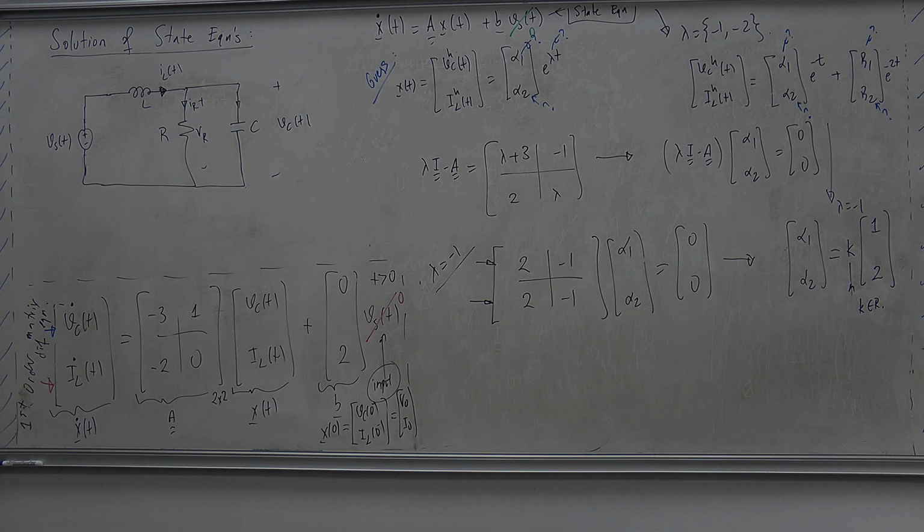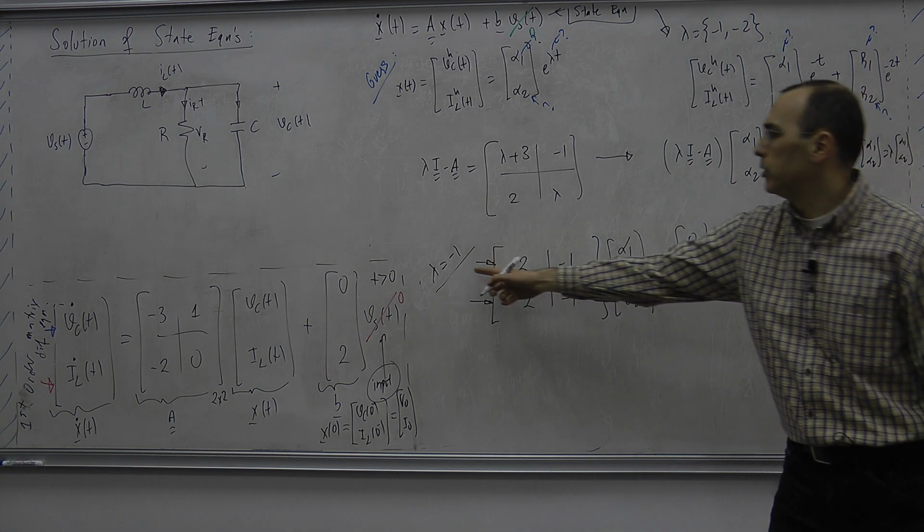This equation is not different from finding A times alpha 1, alpha 2 equal to lambda times alpha 1, alpha 2. If you move this, we have done this a few seconds ago. So this is the eigenvector corresponding to the eigenvalue, lambda equal to minus 1.